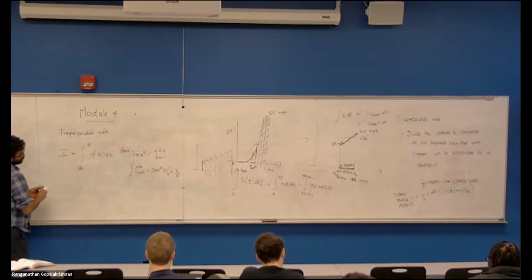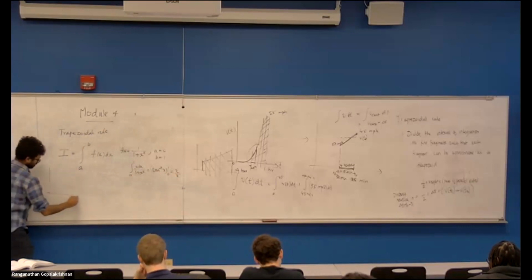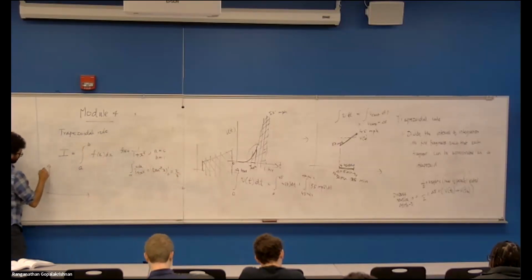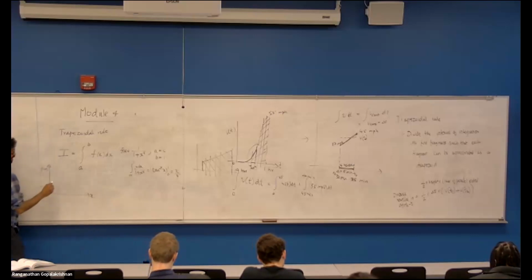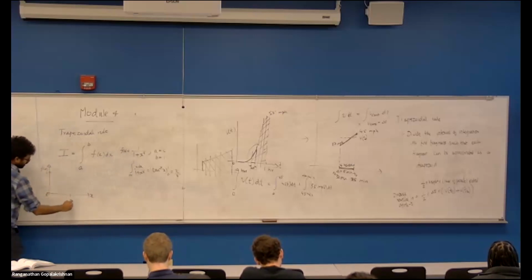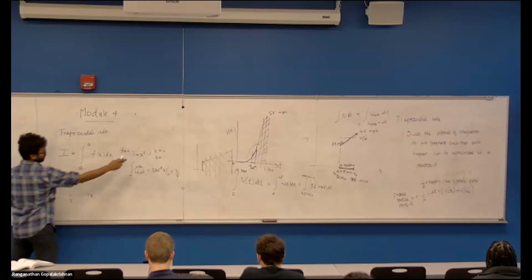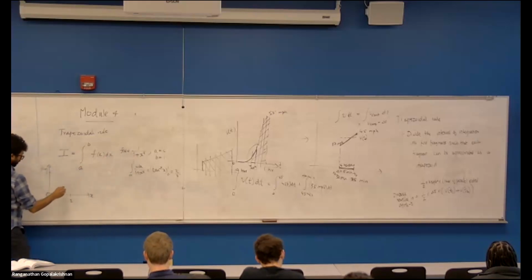And if you were to graph the function in the interval 0 to 1, how will it look like? So this is f of x, 1, this is x. At x equal to 0, the function has a value of 1. At x equal to 1, the function has a value of half, so 0.5. Does it have any maxima in between?